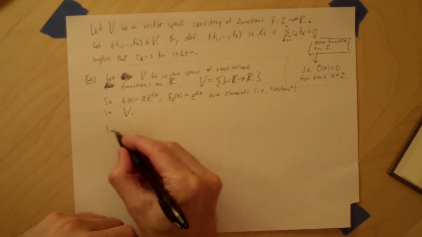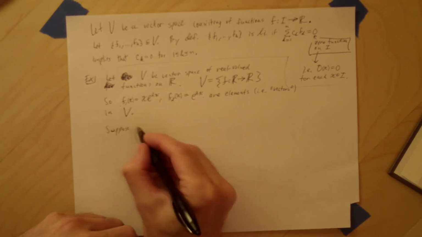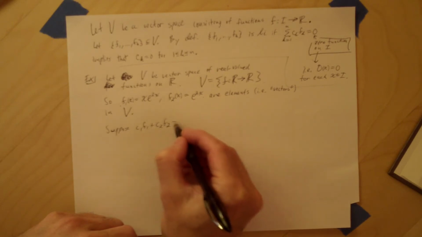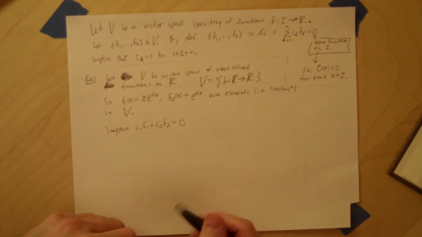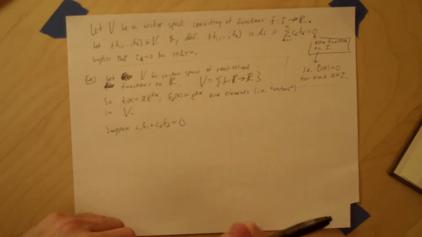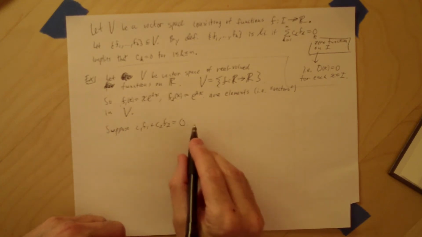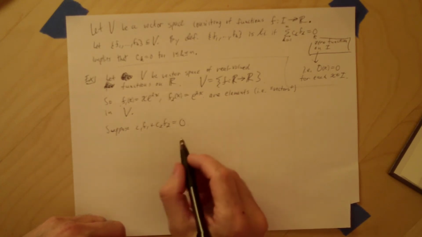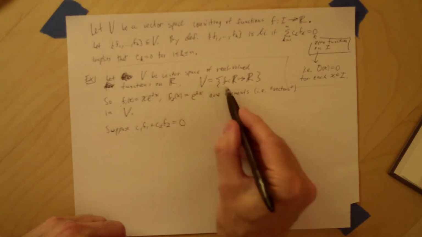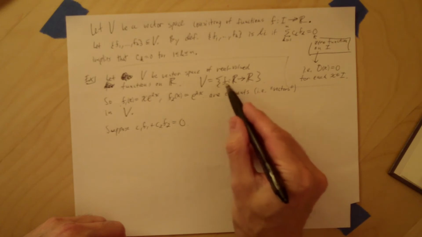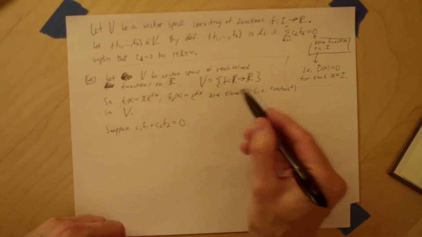Suppose c1 f1 plus c2 f2 is equal to 0. Now, keep in mind that in this context we're talking about a vector space consisting of functions defined on R, the real numbers. So all functions in this vector space V have domain all reals.